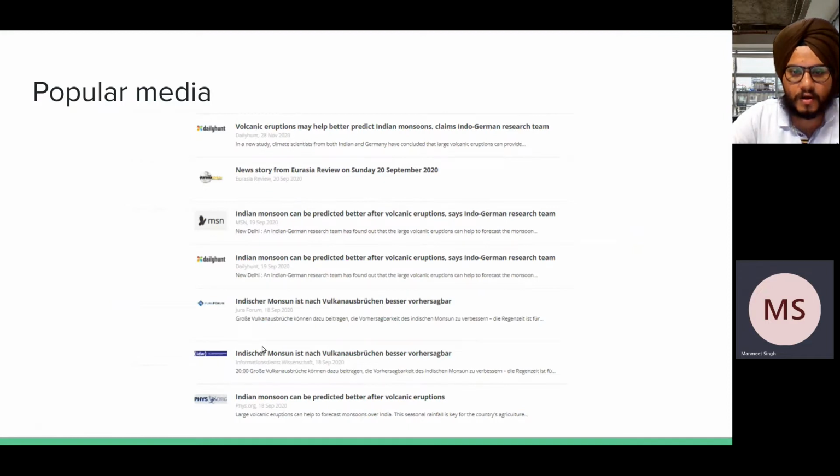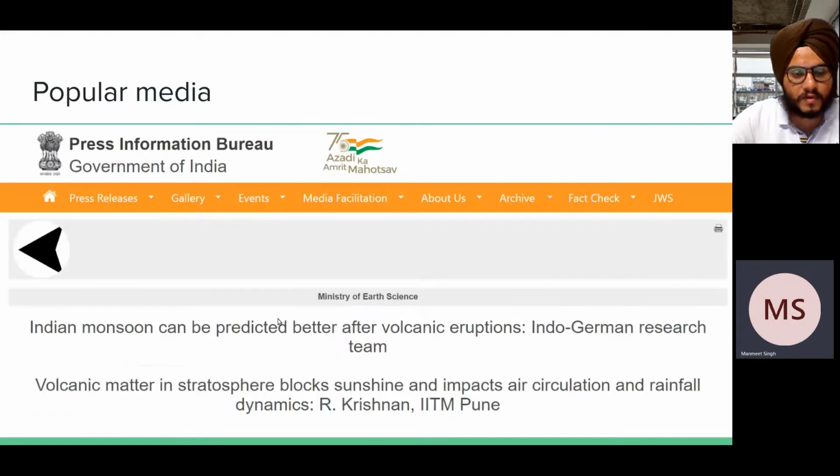A press release was also done by PIB, Government of India, on our Science Advances study, which gives a new source of predictability for climate models. The physics of volcanic aerosols is not present in a lot of models, and adding it to the models can aid in the predictability of the climate system, particularly the South Asian monsoon.